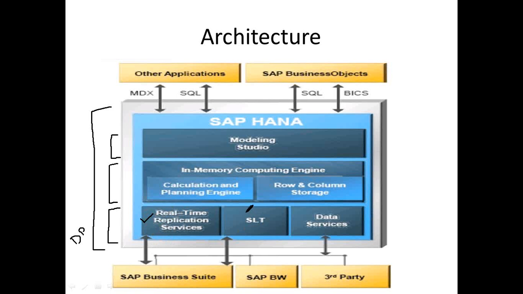The second kind of replication engine, which is the most commonly used, is called SLT. SLT stands for SAP Landscape Transformation Engine. This is an engine which allows you to connect to SAP systems and also a few databases. You are able to connect to ECC, CRM, and SRM systems, and replicate data in real time.